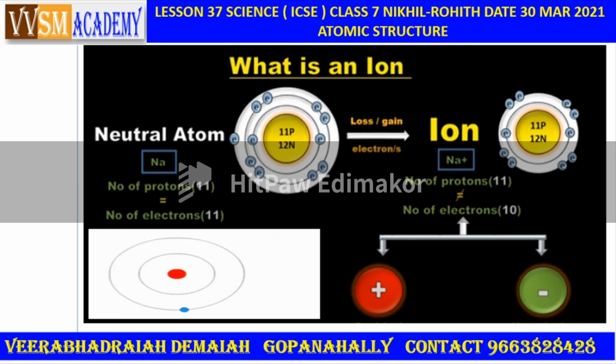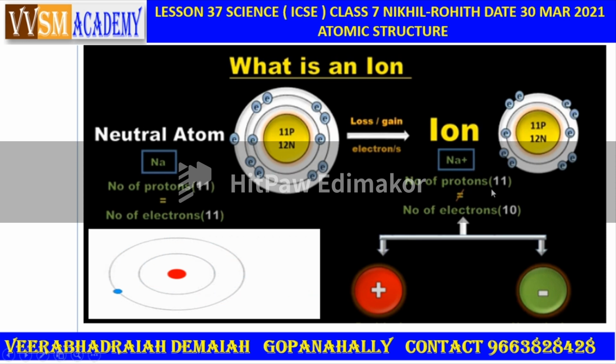The electronic configuration of sodium, atomic number 11, is 1s2, 2s2, 2p6, 3s1. The outermost orbital consists of only one electron, and hence the sodium atom transfers one electron. It loses its own electron, then it becomes the sodium plus ion.